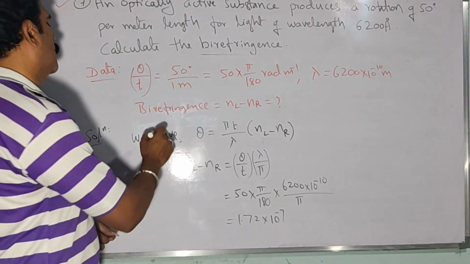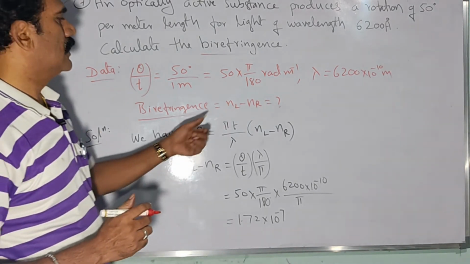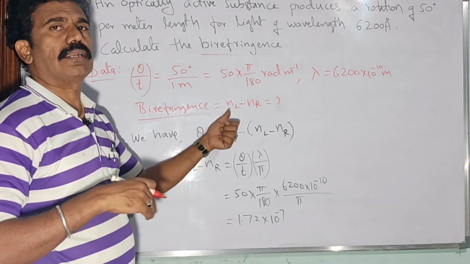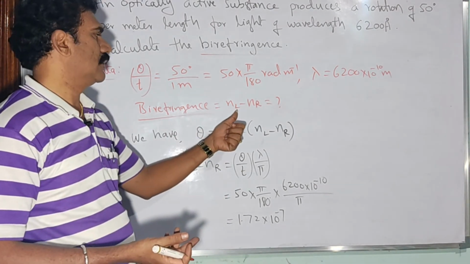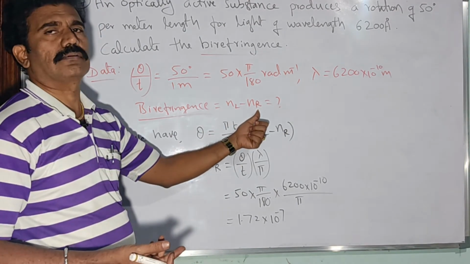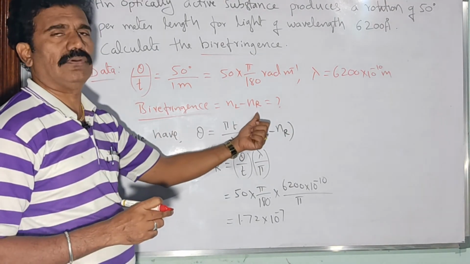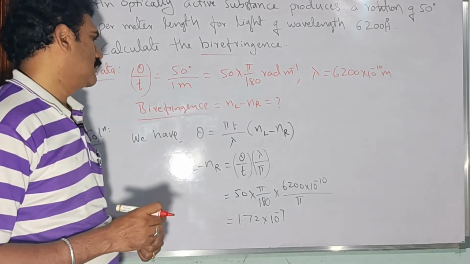To calculate birefringence, what do we mean by birefringence? It is the difference in refractive index for the circularly polarized light between left side and right side. So NL minus NR is called the birefringence parameter. A small difference will be there in that refractive index, and that difference is called birefringence.